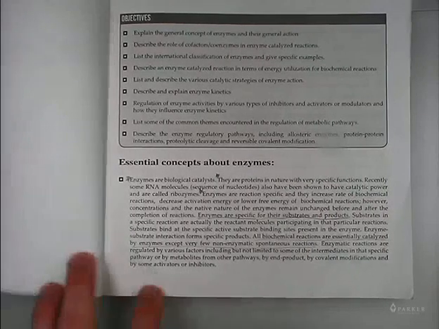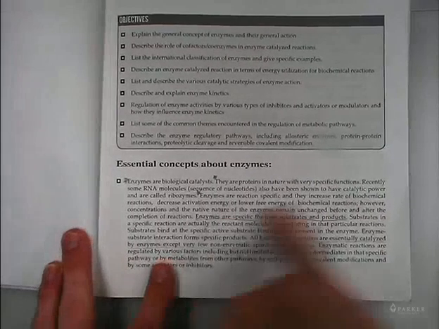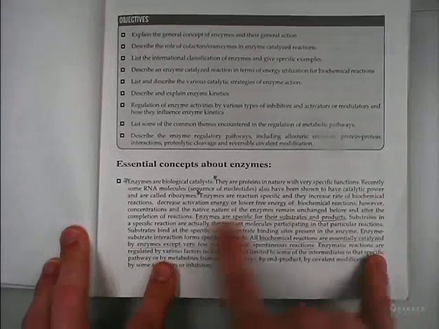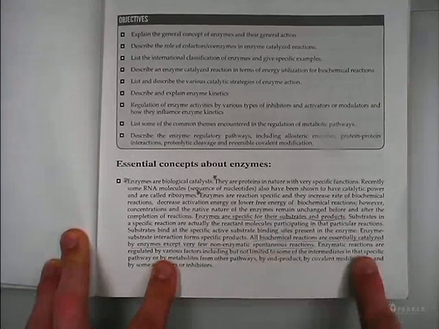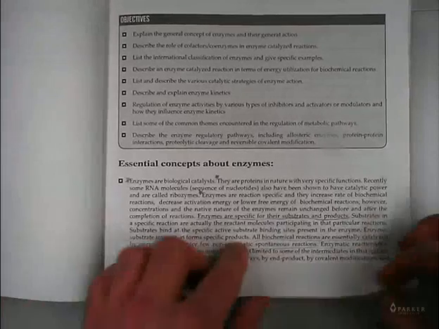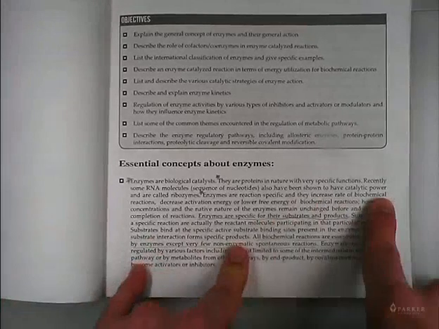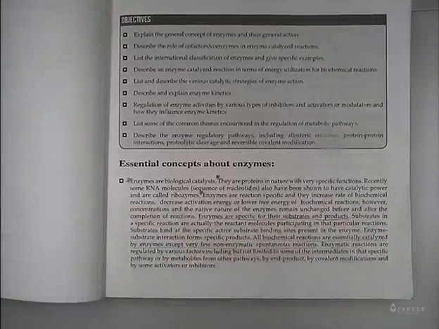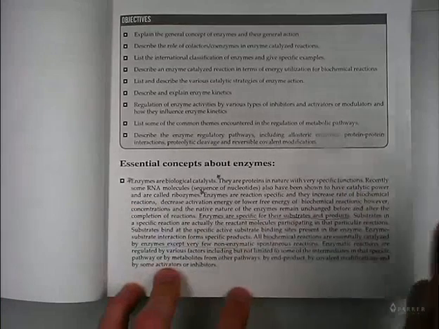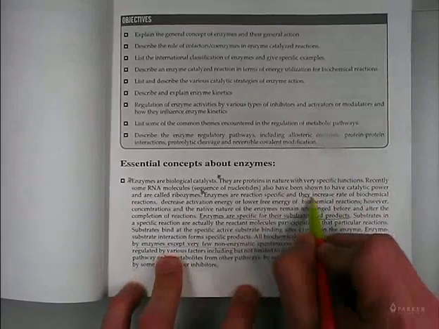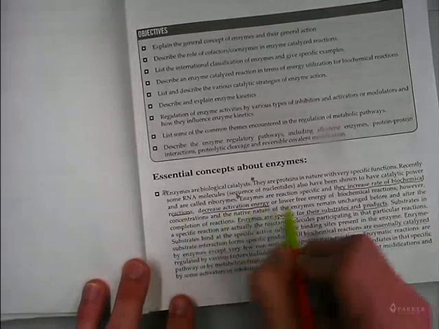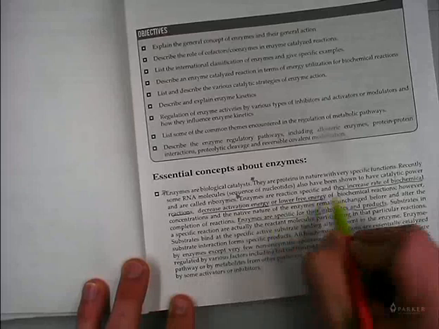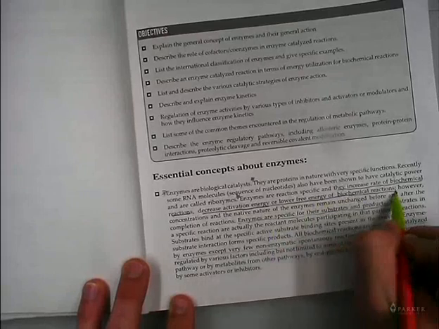So they're all very specific. They're specific for their substrates and products. And they increase the rate of biochemical reactions, and this is the more important part, they decrease the activation energy, or lower the free energy, of biochemical reactions.